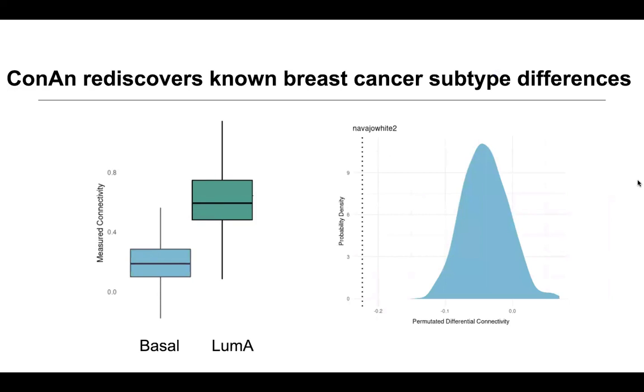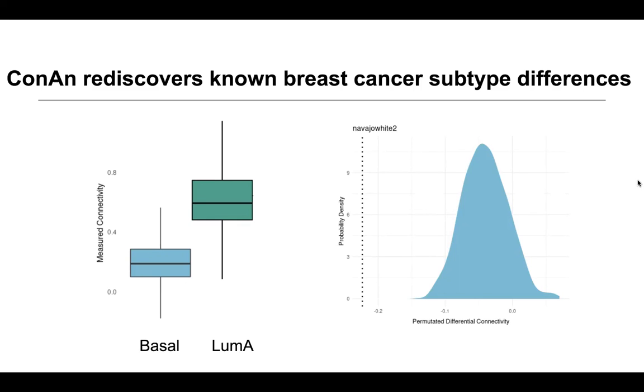Finally, ConAn was applied to published expression data of breast cancer samples from the Cancer Genome Atlas. We compared module connectivity between two molecular subtypes of breast cancer, basal and luminal A. And as you can see, one module was much more highly connected in the luminal A group than in the comparative basal group.